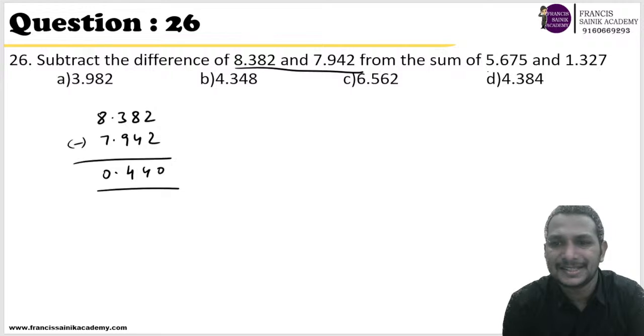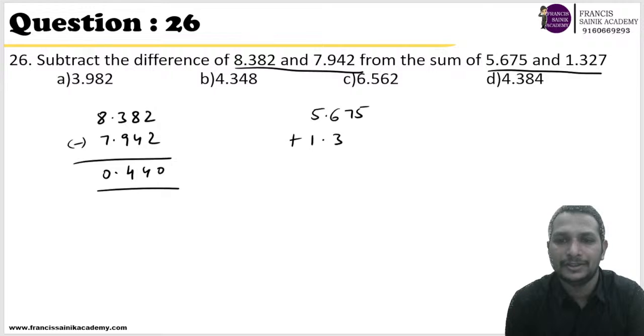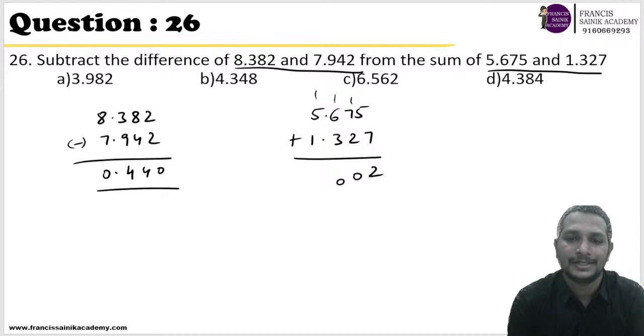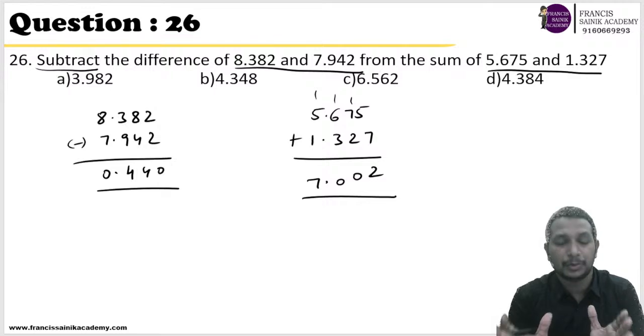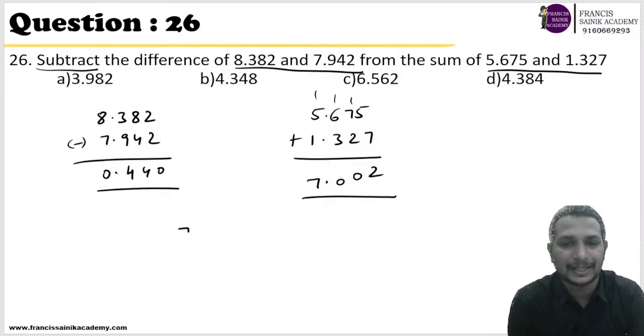And let's take the sum. Sum means we need to add them, right? 5.65 plus 1.326. We add them. Now subtract the answers, the outputs. We need to subtract them. 0.00 minus 0.4.